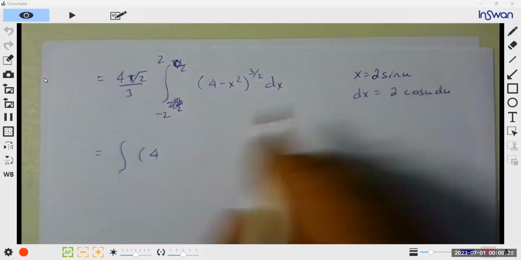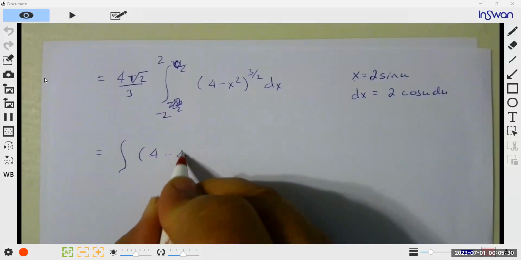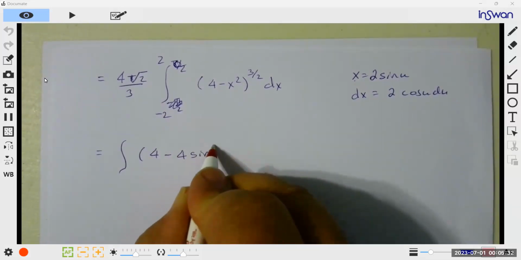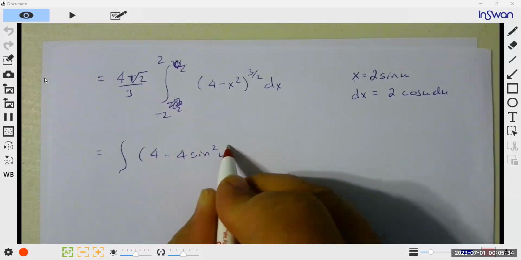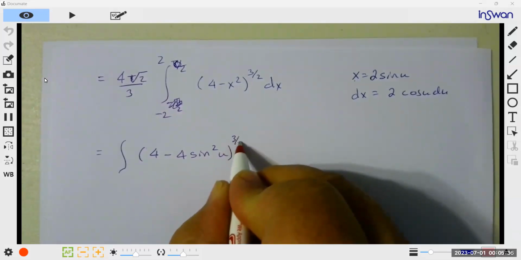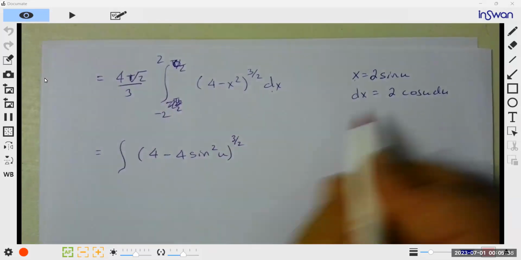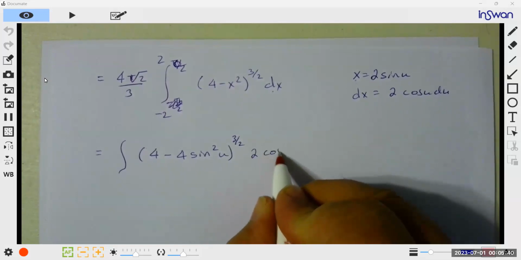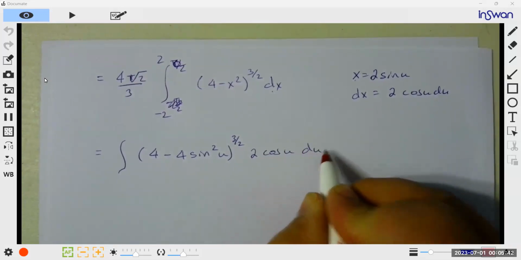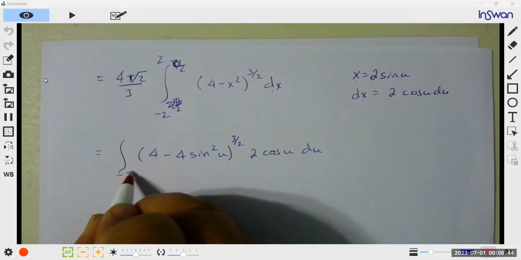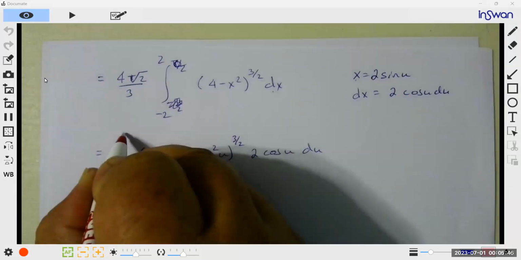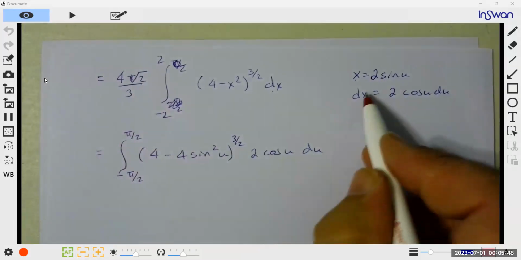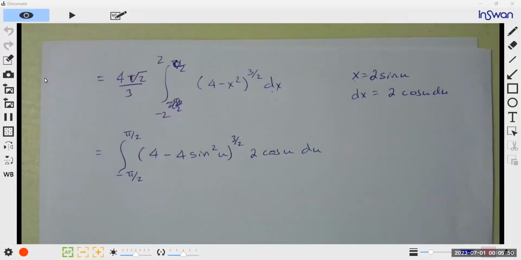So if I square this, I get 4 sine squared u. Dx is 2 cosine u du. Now I'm going through my bounds of negative pi over 2 to pi over 2 since I've done this conversion.